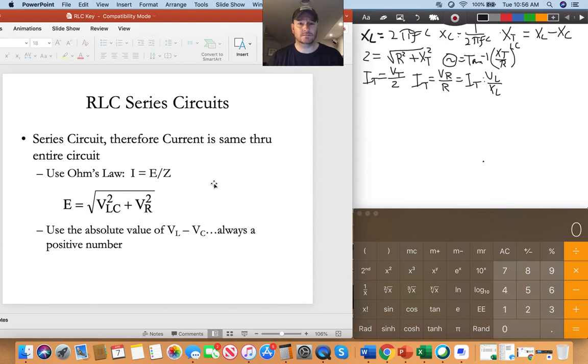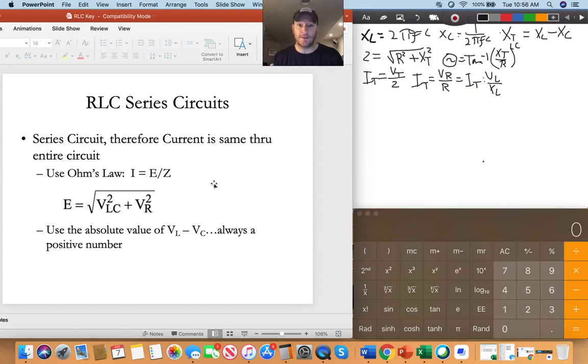Cool? Makes sense? I think it makes sense to you guys. All of these will get you your current total, but the earlier one is the one we're going to use the most in an ideal circuit.